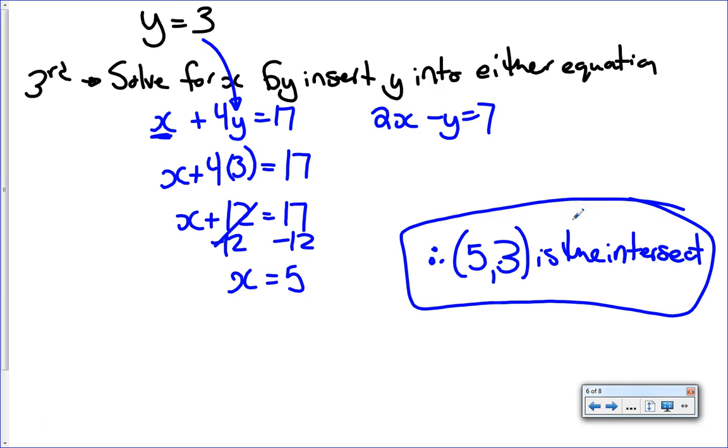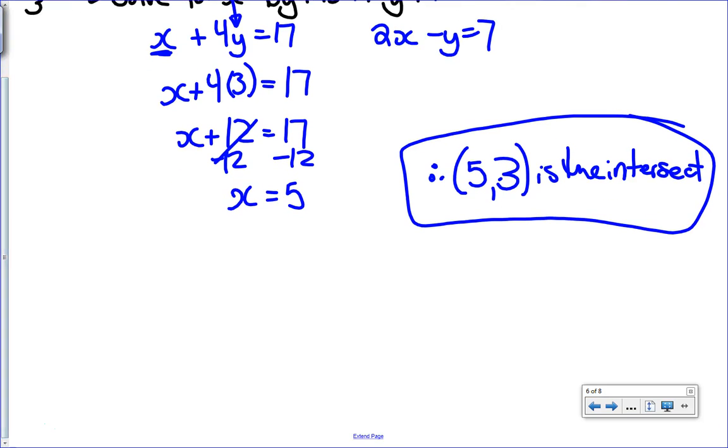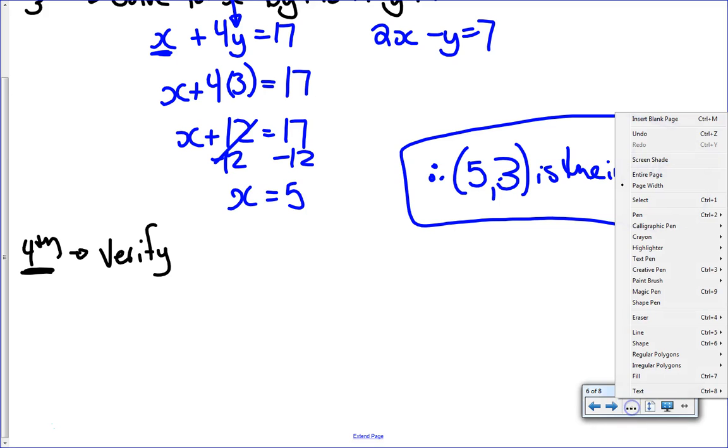And your last step should always be verifying it. It's not a necessary step, but it definitely will help you on a quiz or test or a review assignment. So we would verify. The two equations, again, are just up at the top of the page there.